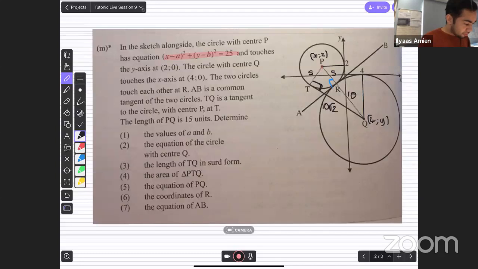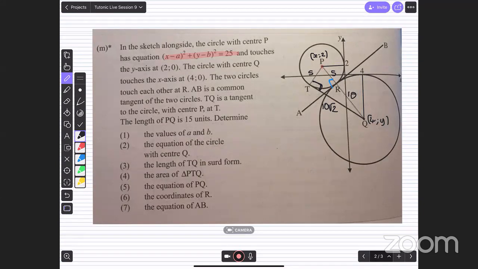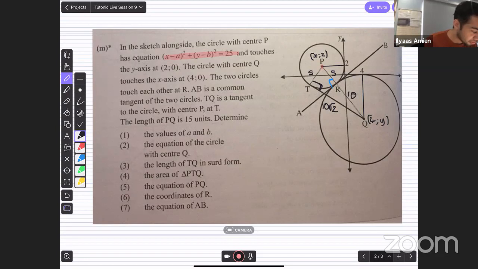Determine the values of A and B. How can we work out A and B? Is TQ not 5 root 3? Why do you say 5 root 3? Because it's the square root of 10 squared minus 5 squared. No, it's 15 squared. Oh, 15, I took 10. Sorry.